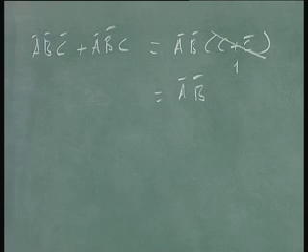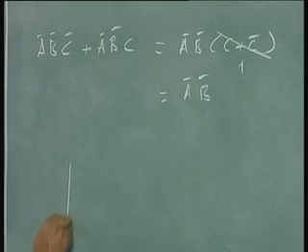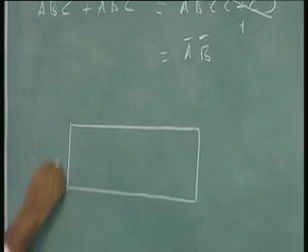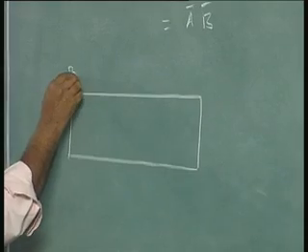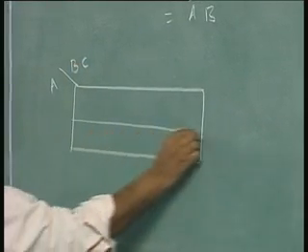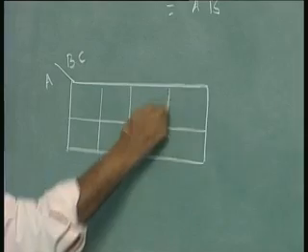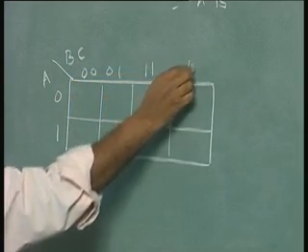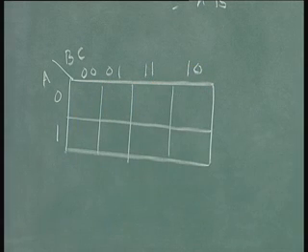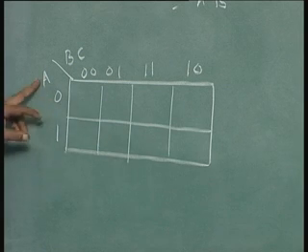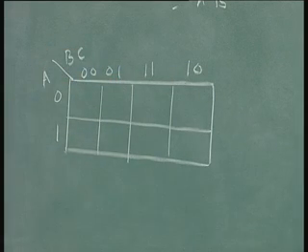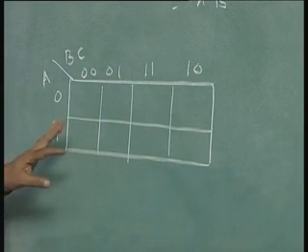So, let us map our original function which we have been talking about the last couple of classes. This is how you write the map. You always write the map like this with all the cells and marked with zeros and ones on the left hand side for this variable and zeros and ones on the top for these variables, then only the map is complete.